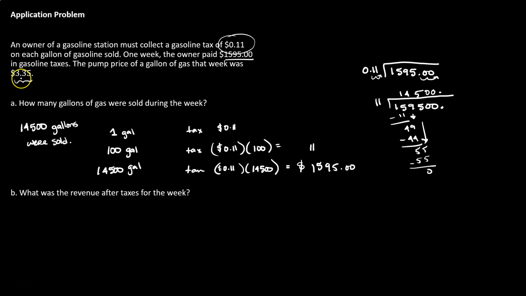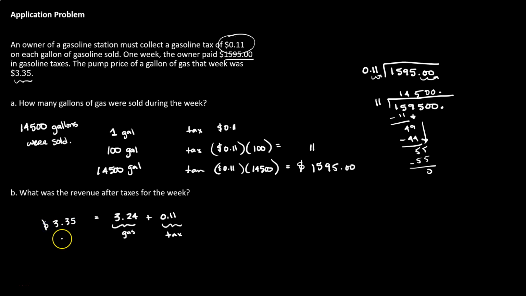So that $3.35, you could look at it as $3.24 is just the gas, and then the 11 cents is the tax. So the total price that you're paying at the pump includes the cost of the gas as well as the tax.